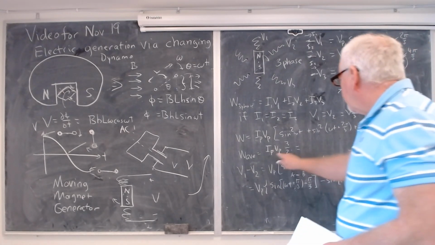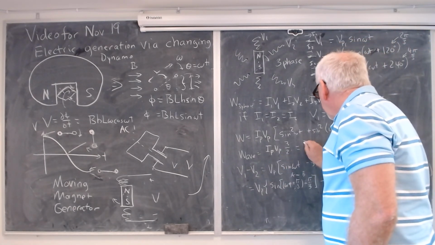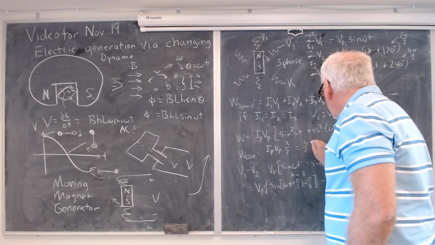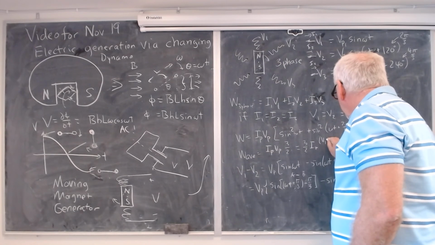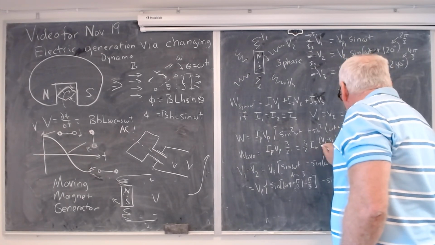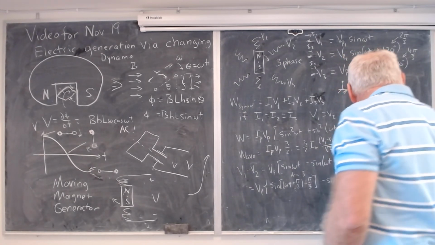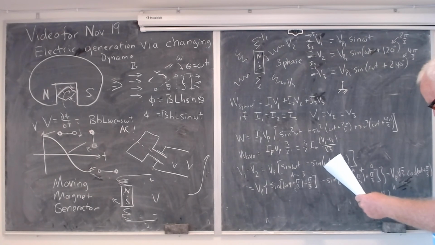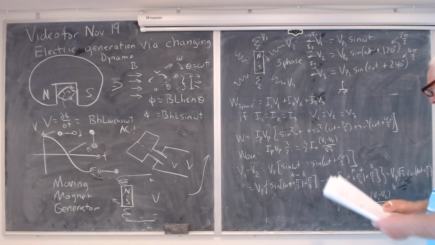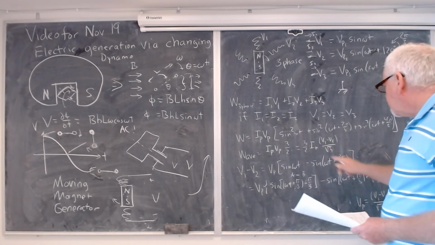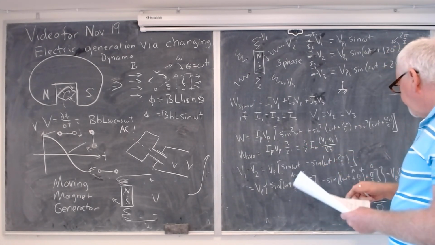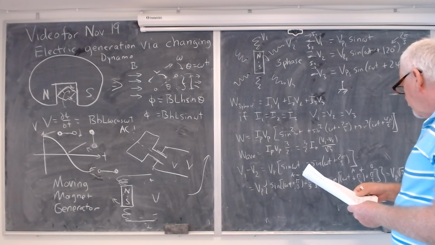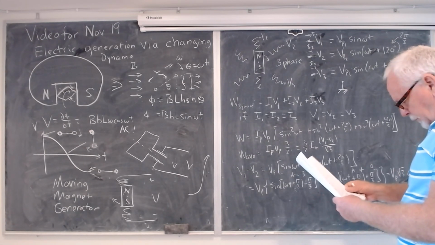And so now I can rewrite this as 3/2 IP times V1 minus V2 over root 3. And you see, you get a root 3 on the top. There's a 2 missing somewhere.